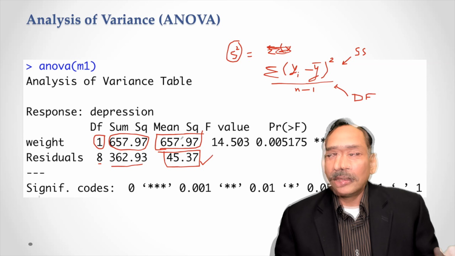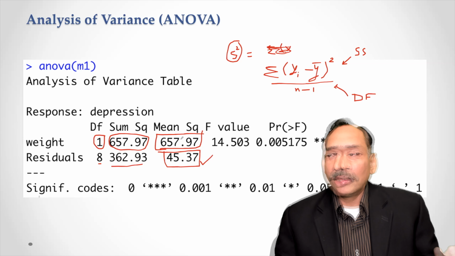So once again, this is only a special case situation where we have simple linear regression where there is only one x variable and only one y variable. Total sum of squares is SSR plus SSE. Now what exactly is SST?